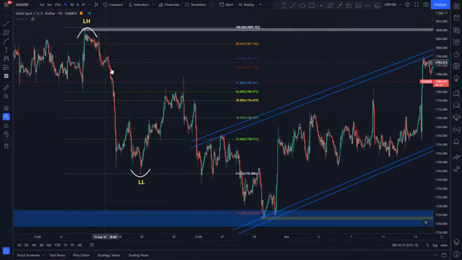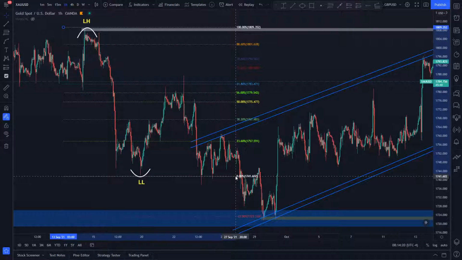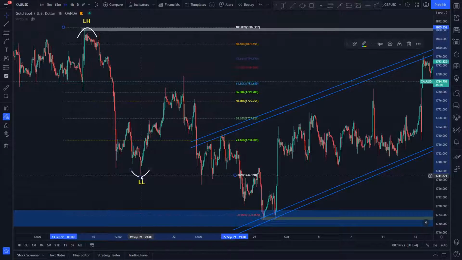Yes, you have to draw the fibs from the wicks, as you can see. My 0% line is at the wick. So now we know, right?